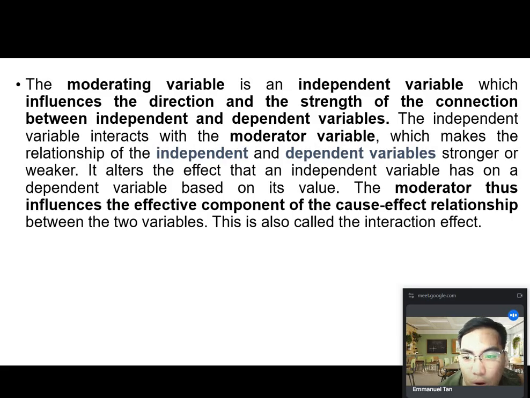So, it could be stronger or weaker. So, it alters the effect that an independent variable has on a dependent variable based on its value. So, the moderator influences the effective component of the cause and effect relationship. Moderating siya. Okay? Meron siyang effect doon sa independent at dependent variable. And this is what we call interaction effect.